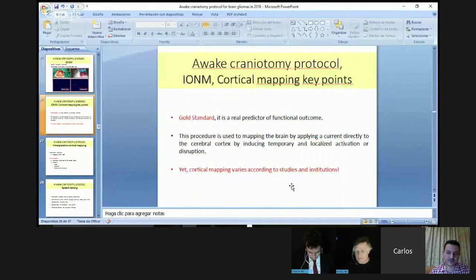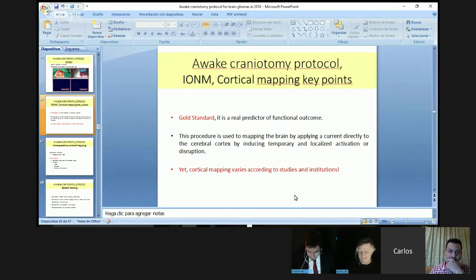So, for interpretive neuromonitorization, cortical mapping is the gold standard. It is a real predictor of the functional outcome. This procedure is used to map the brain by applying a current directly to the cerebral cortex, inducing temporary and localized activation or disruption.